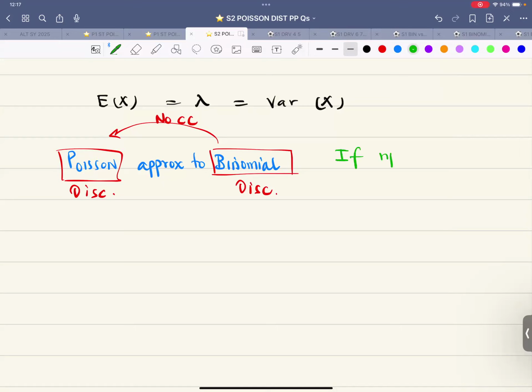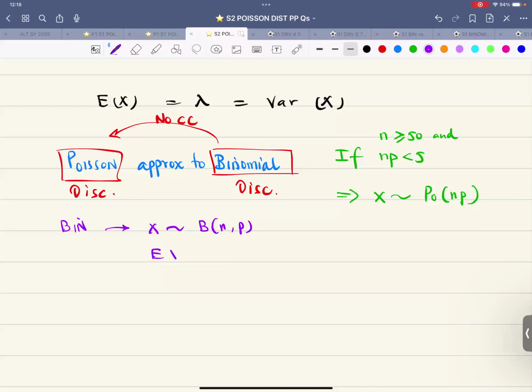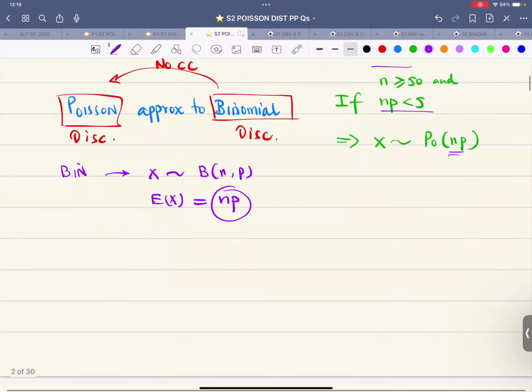If np is less than 5 and n is greater than or equal to 50, then X follows a Poisson distribution with np. Because we know that in binomial, X follows a binomial distribution n comma p, and the expectation of X, the mean, is np. So you take the np from here, put it over here, provided these two conditions are fulfilled.